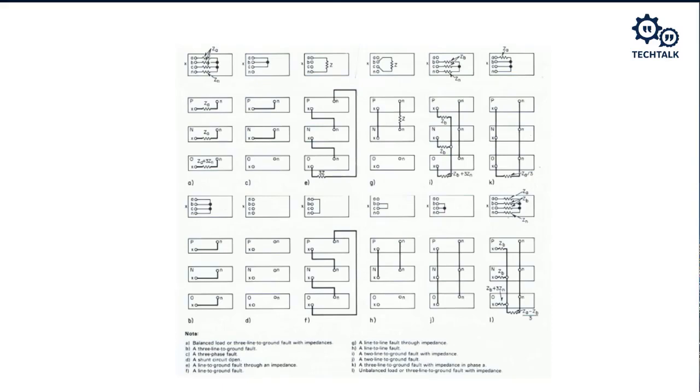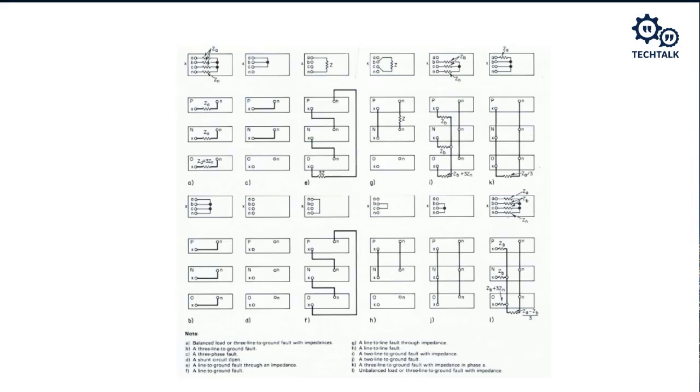For example, the one on the far left and the top is a three-phase fault. And then just below that are how those sequence networks are connected. And you can see for that three-phase fault, the sequence networks are not connected. So looking at this, what do you think the fault type is?